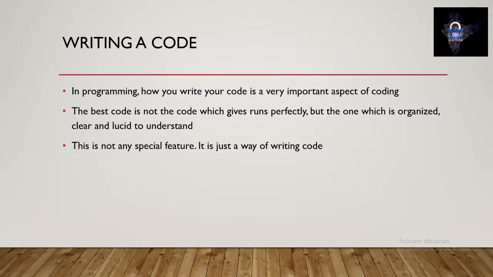Because he has written it in the most perfect way. This is not a special feature of any programming language, it's just a way of writing code. It's the way of writing code that makes it easier for the other person to understand.